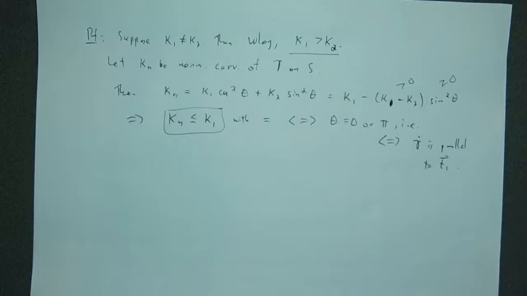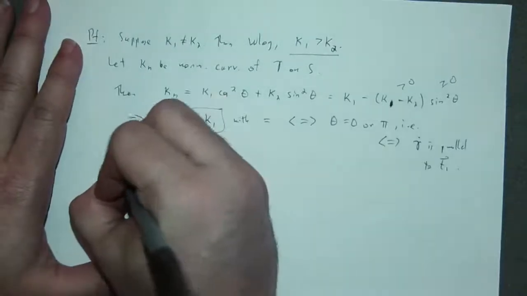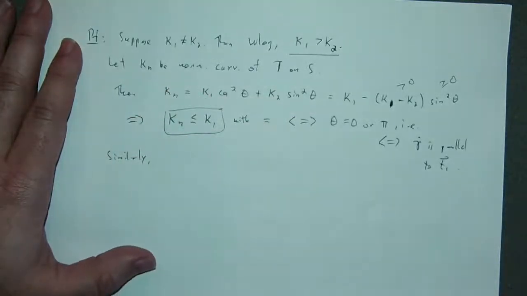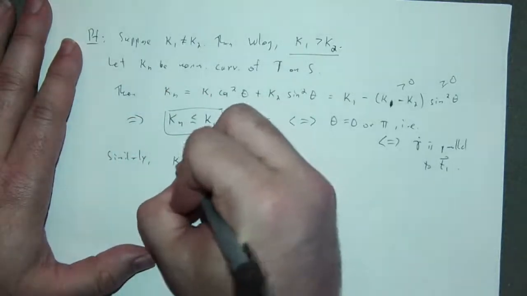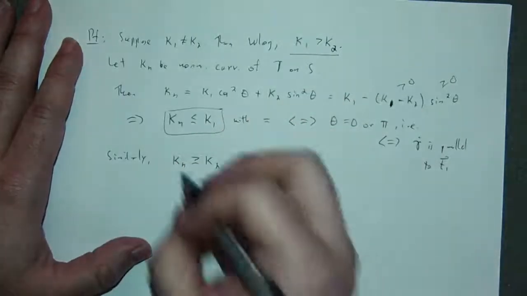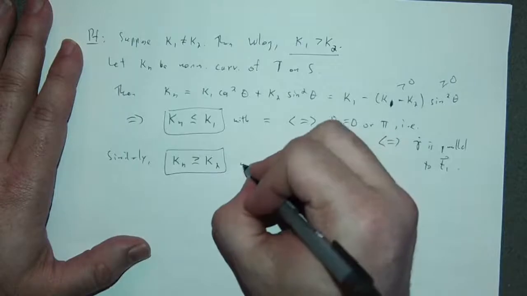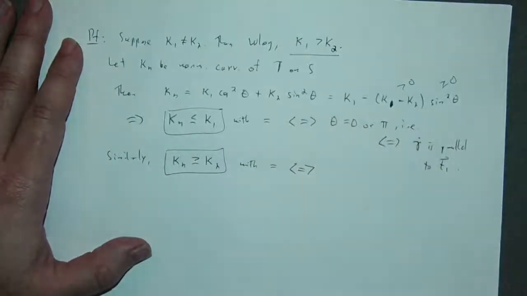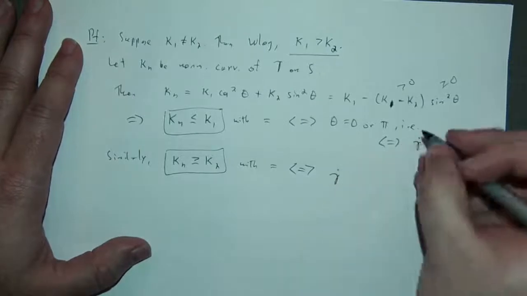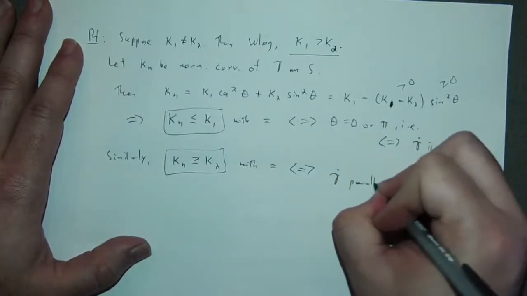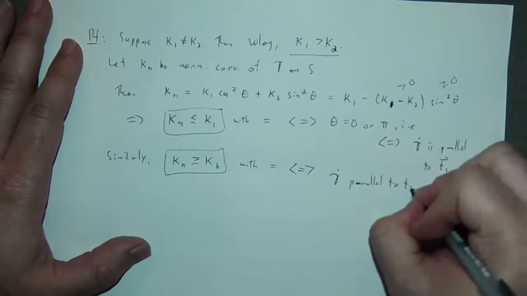Okay. And similarly, I can say that kappa sub n is greater than or equal to kappa sub 2, with equality if and only if gamma dot is parallel to t sub 2.